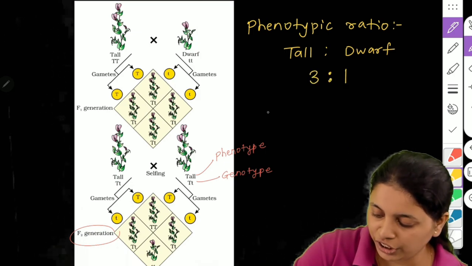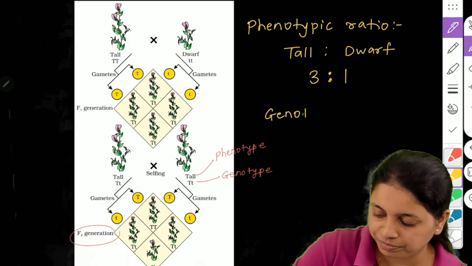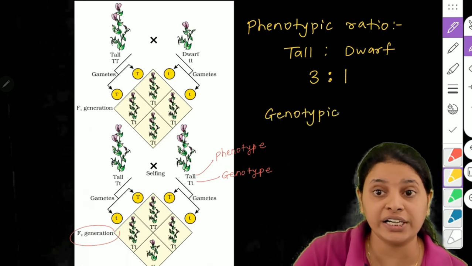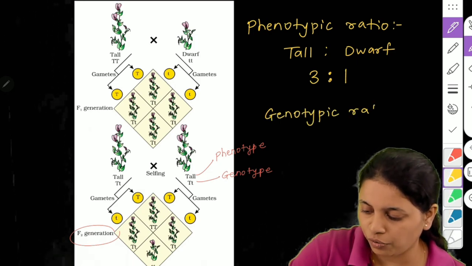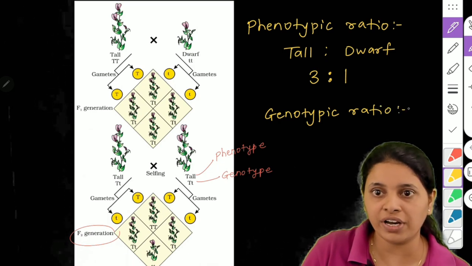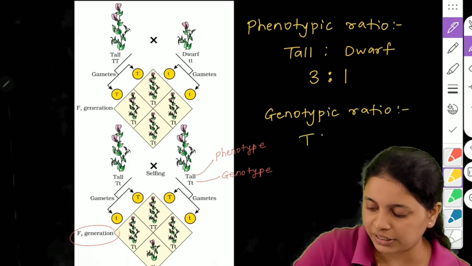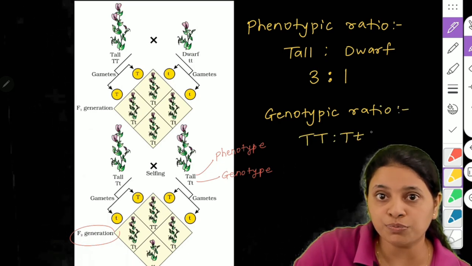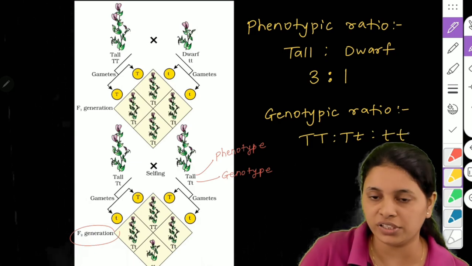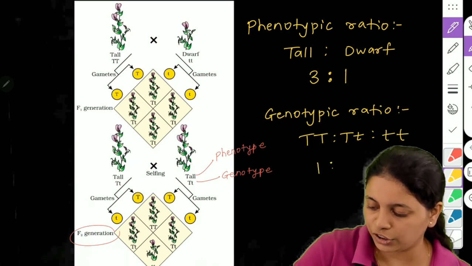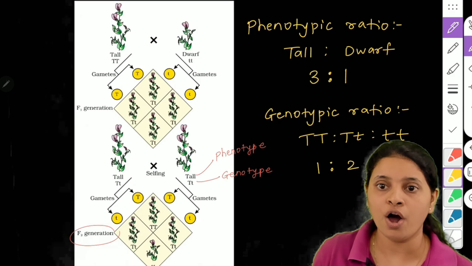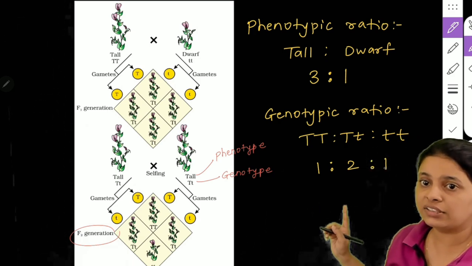And the genotypic ratio, where we will see only the genetic constitution. Here we have 3 types of genotypes, capital T capital T, capital T small t, and small t small t, and this comes in ratio 1:2:1. So you have to remember these ratios.